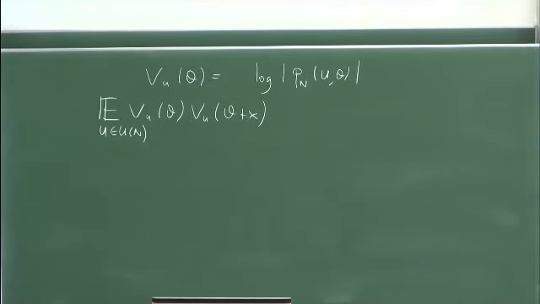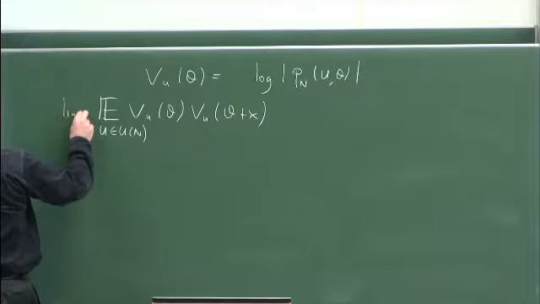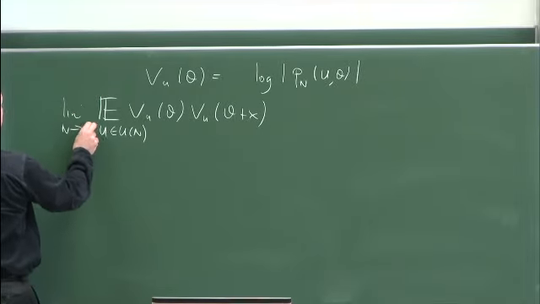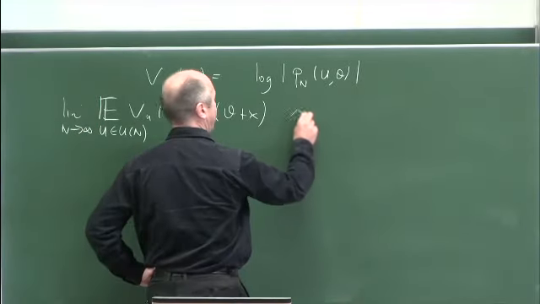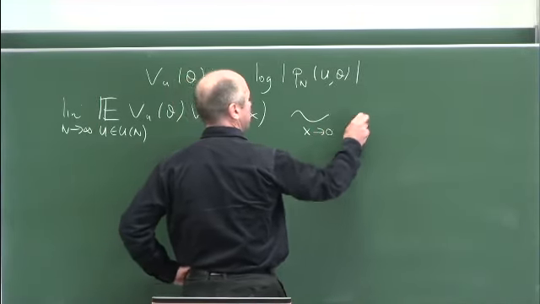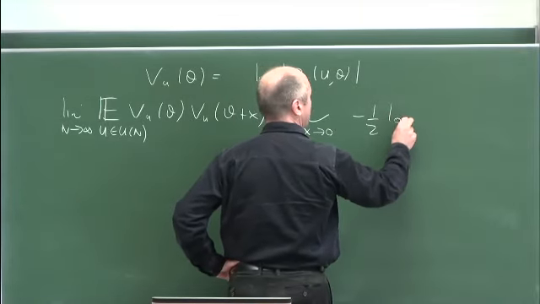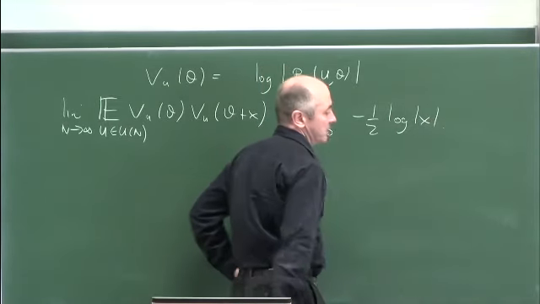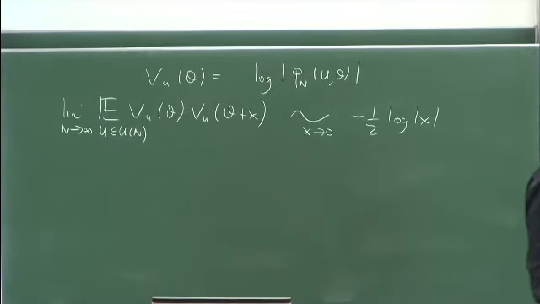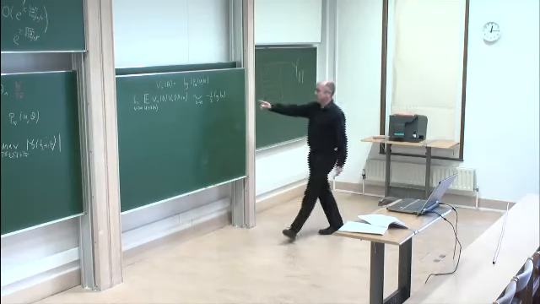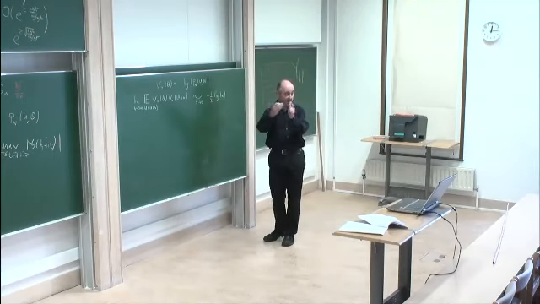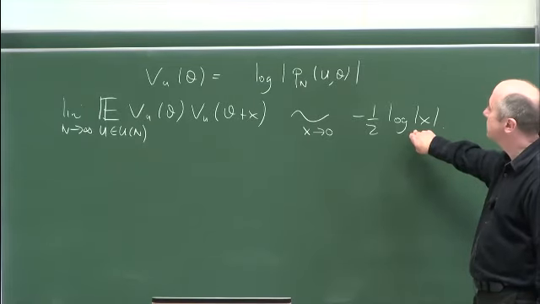If you take the limit as n tends to infinity and look at this for small values of x, this behaves like minus a half log mod x. So the logarithm of the characteristic polynomial is log correlated. That is, there are long-range correlations. So this model of treating local maxima as statistically independent is highly questionable.